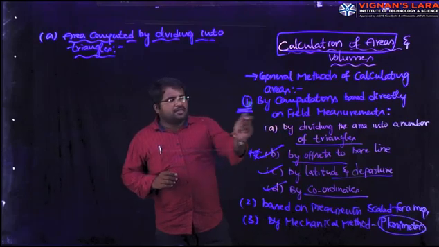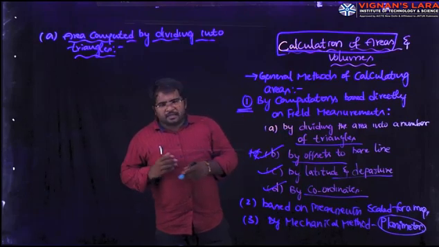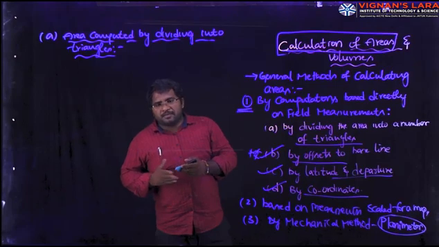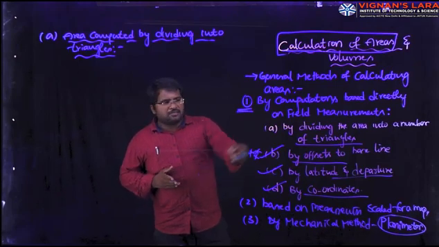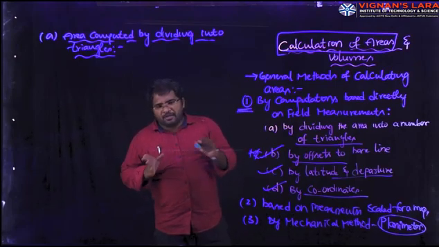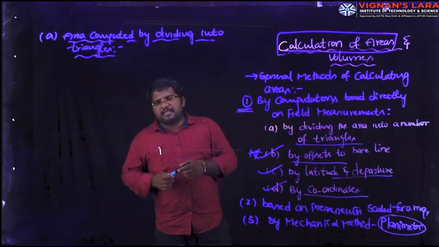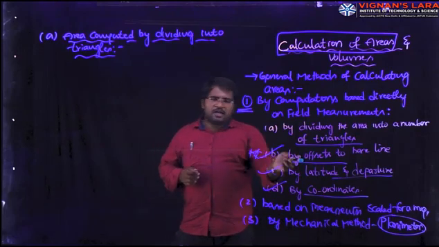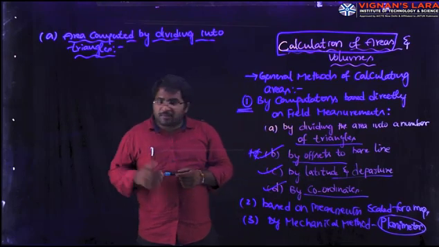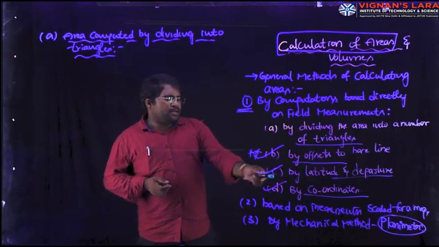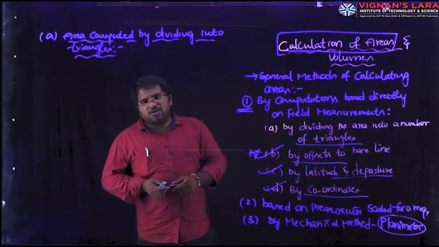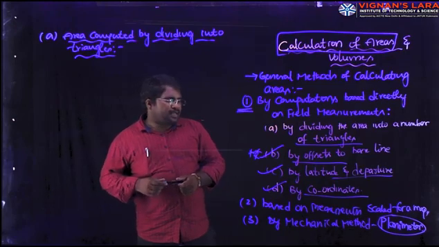The first is computation of area based on the field measurements. Among that, the first method is dividing the area into a number of triangles and calculating the area. Then we draw offsets in the second method. In the third method we measure latitude and departure.